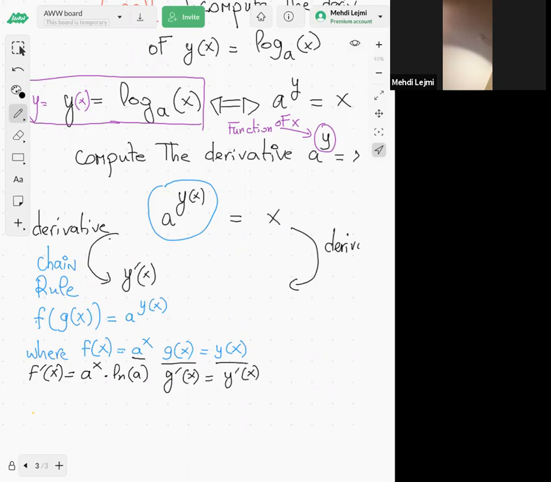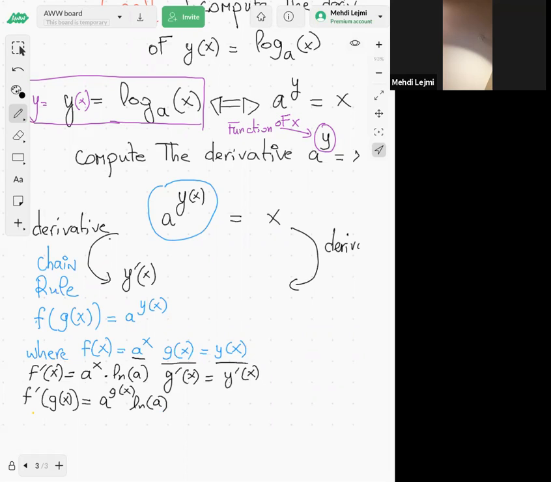But in the chain rule, we need f prime of g of x, so we need to substitute x by g of x. So that's a to the g of x times ln of a.